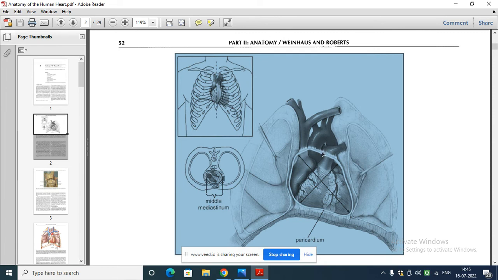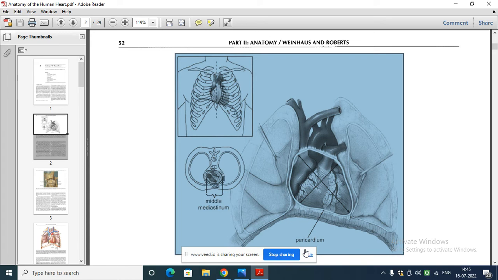This is the upper border, okay? And the right border is formed by the right atrium. It extends from the superior vena cava to the inferior vena cava, IVC. I hope you know the full form of IVC also.